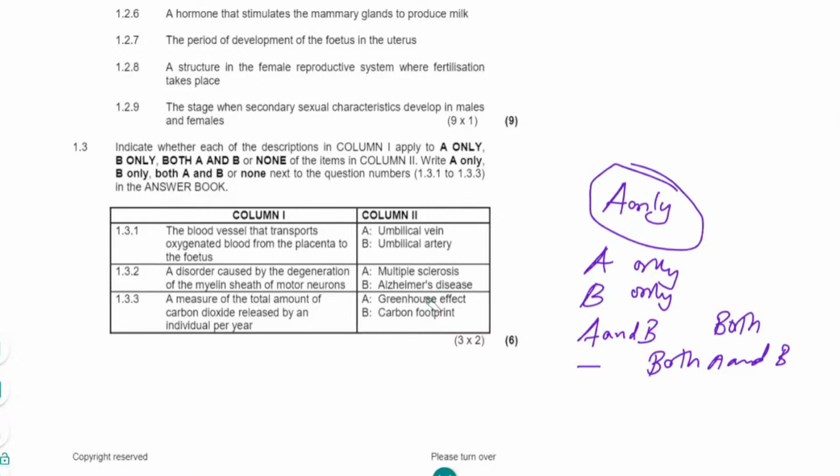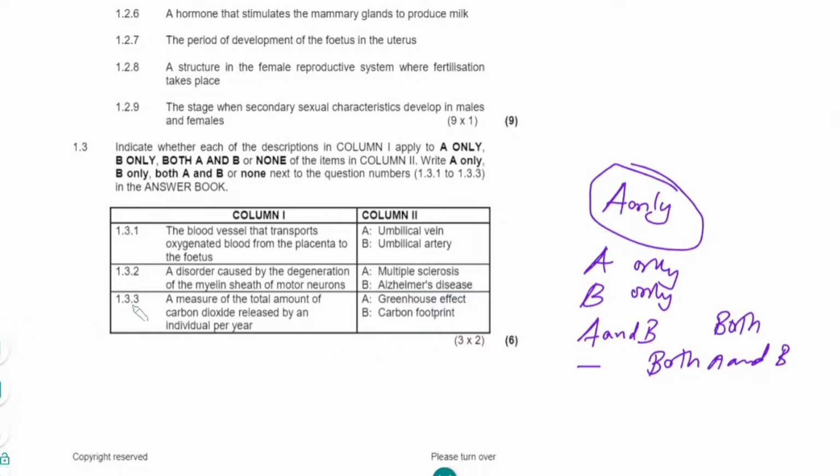So we call it multiple sclerosis. Alzheimer's disease is also a disease of the nervous system, the same way multiple sclerosis is. That's why they bring them, so that they see if you can differentiate between the two.